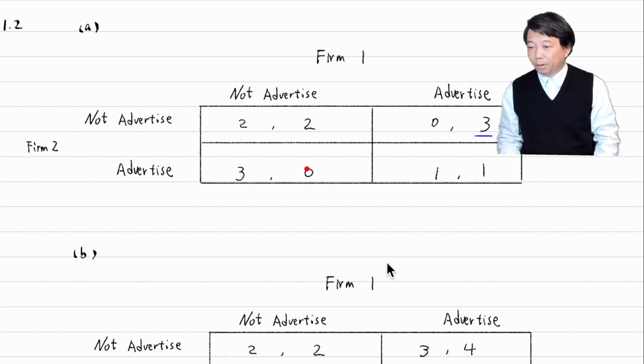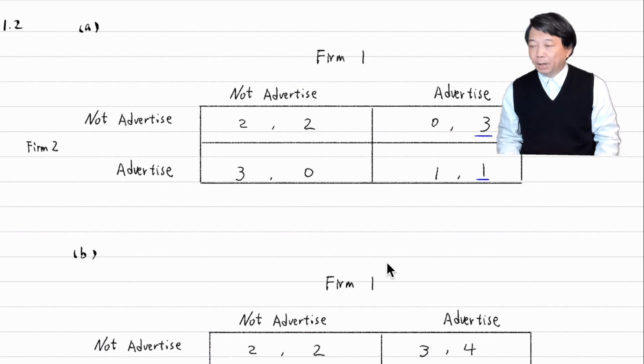Firm 1's best response is still to advertise because it brings a profit of 1 instead of 0. We underline firm 1's payoff 1. You see that to advertise is firm 1's dominant strategy because it is its best response regardless of firm 2's choices.